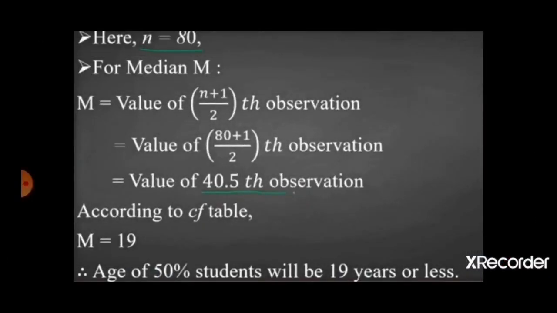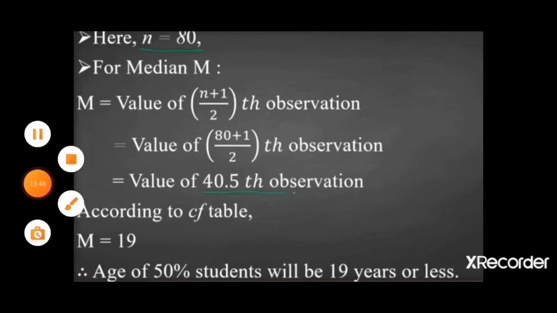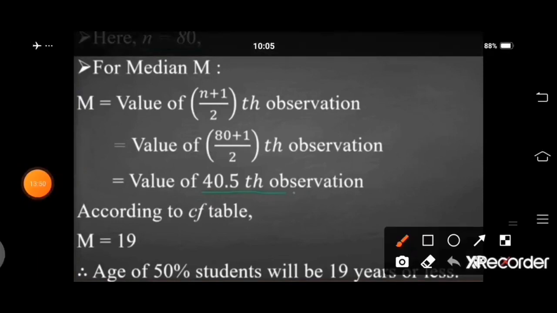Now, formula of median: M equal to the value of the (n plus 1) upon 2 observation, because this is a discrete frequency distribution. So here we will put n equal to 80, plus 1, divided by 2, 40.5 observation.